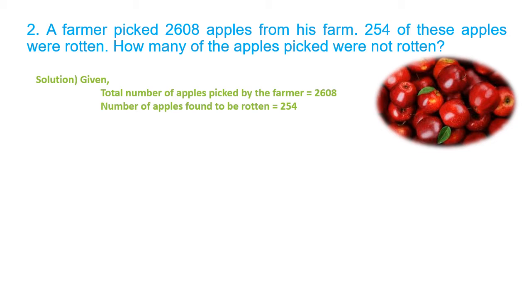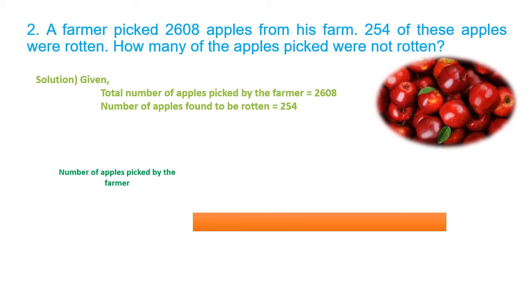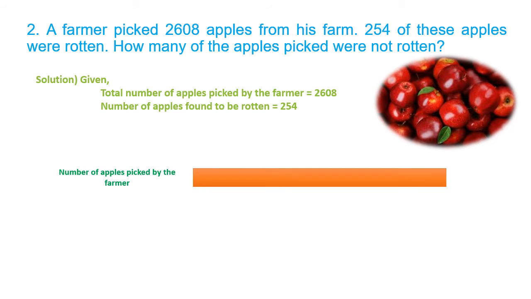Now after understanding the question and gathering all the information that is present, the second step is to plan out our action where we are going to take the help of bar models. So let's suppose the number of apples picked by the farmer is represented by this orange bar, which has a value of 2,608.